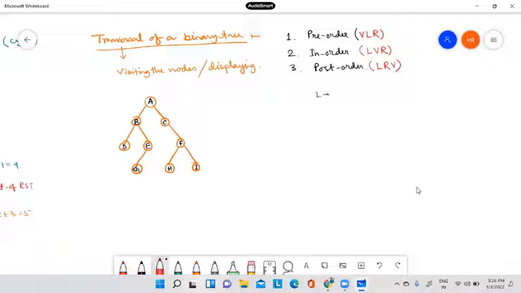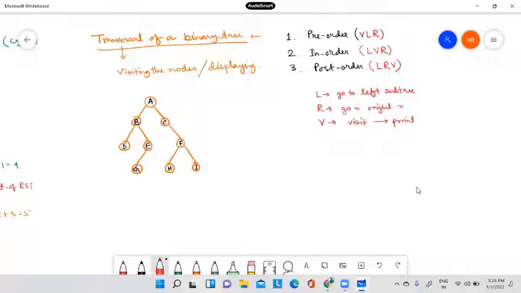L stands for go to left subtree. We already know what a subtree is. R stands for go to right subtree. And V stands for visit or display or print the value. When you are traversing, you print the value, that is the visit.